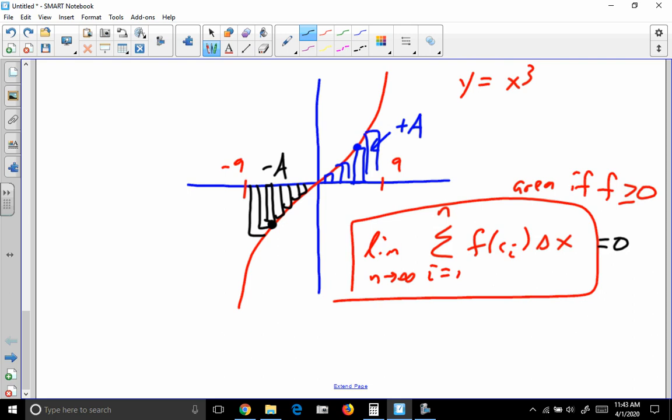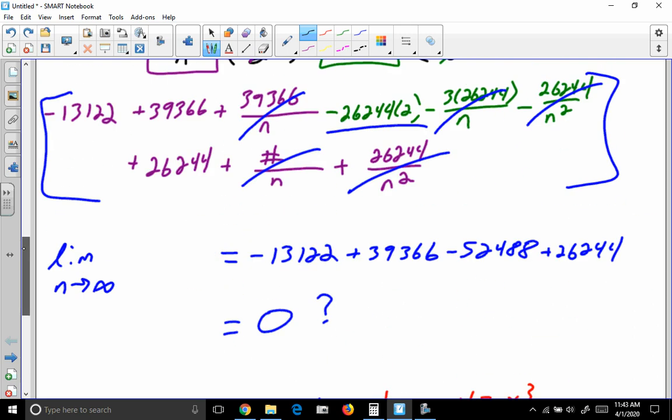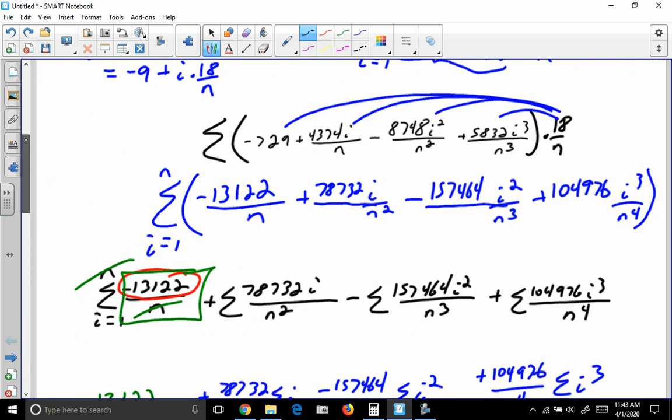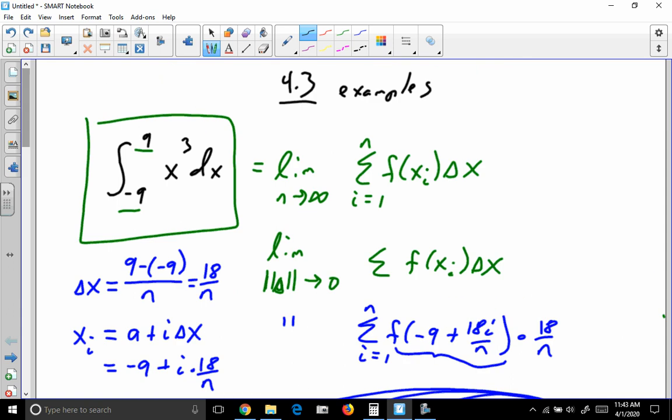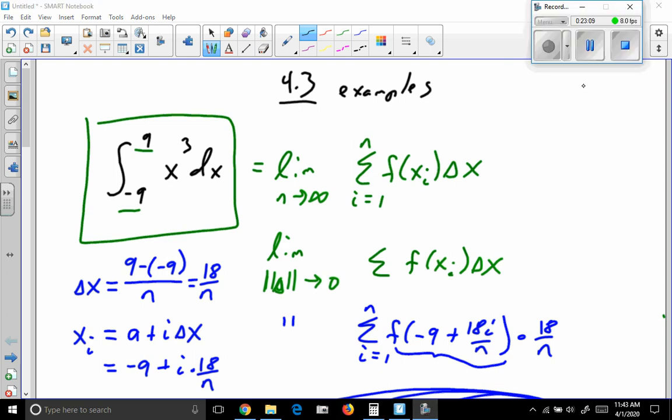Now that is long and lengthy, and fortunately we're not going to have to do it this way for very long. But we will probably have at least one problem on the test where we have to evaluate some area using a Riemann sum. But fortunately the area that you're given probably will not have any negative function values inside the interval. So that's one type of problem that we do in this section.